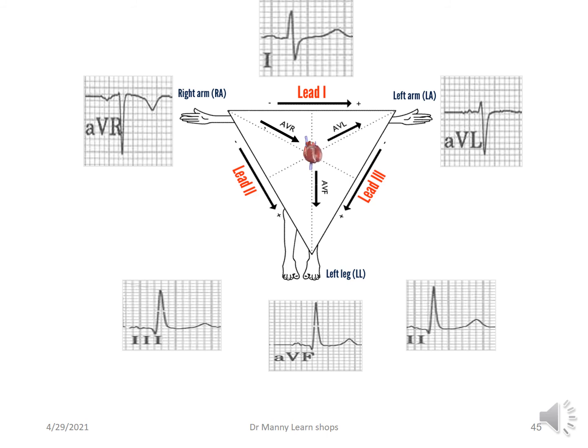Depends on the position of the heart. So AVR, AVL and AVF are your unipolar leads, recording current from the heart in one direction, and leads 1, 2 and 3 are bipolar leads which are created from your unipolar leads. So essentially these are your 6 standard limb leads.